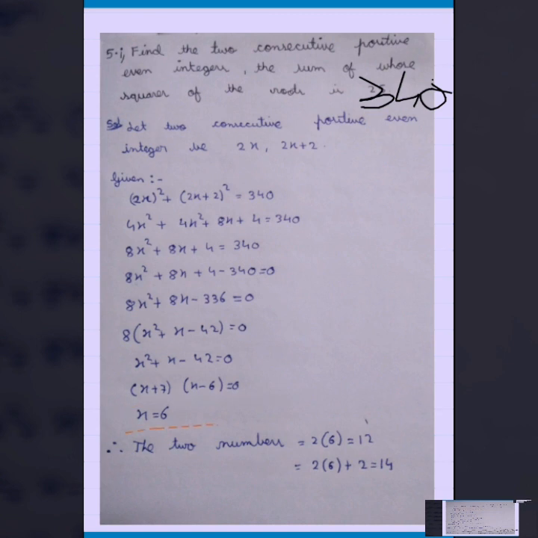So we are taking x is equal to 6. So the two numbers are 2x and 2x plus 2. So keeping x in the place, we get 2 into 6 is equal to 12, and 2 into 6 plus 2, that is 12 plus 2, it's 14.